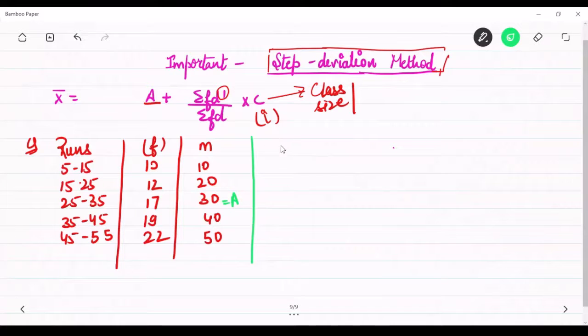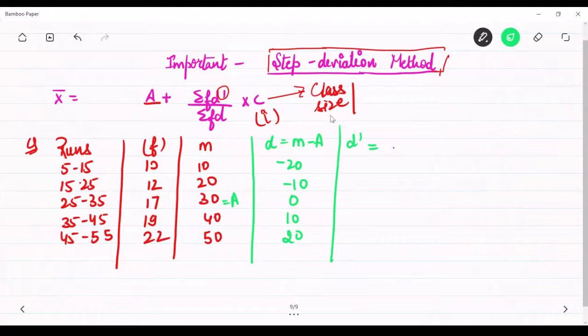Now after this we need to calculate D, which is M minus A. So let us subtract: 10 minus 30 is minus 20, minus 10, 0, 10 and 20. As I told you earlier, the sum of D is always 0. But the important thing here is that we need to focus on D dash. How do we calculate D dash? D dash is when we divide M minus A by C. Now what is C?